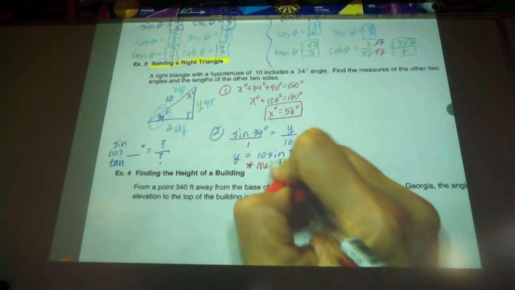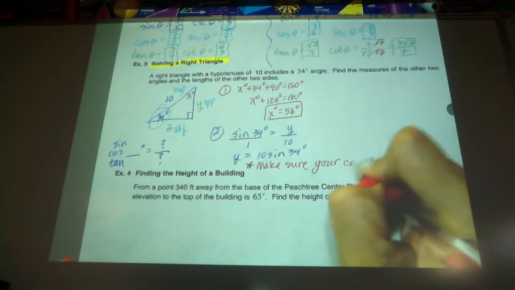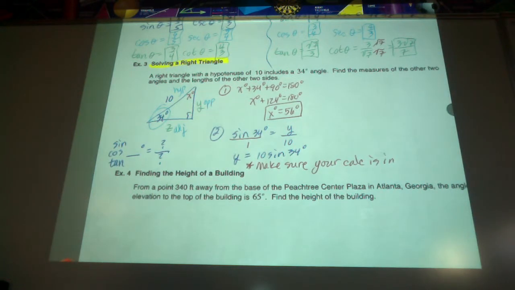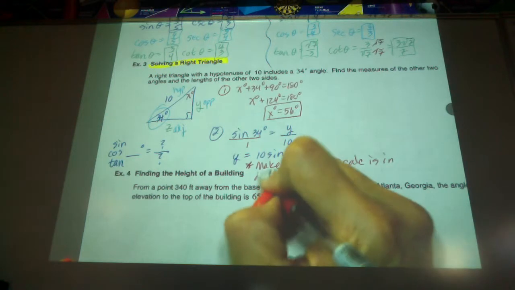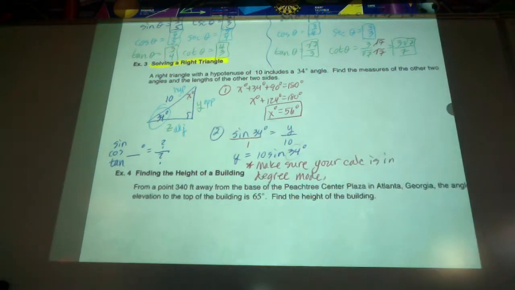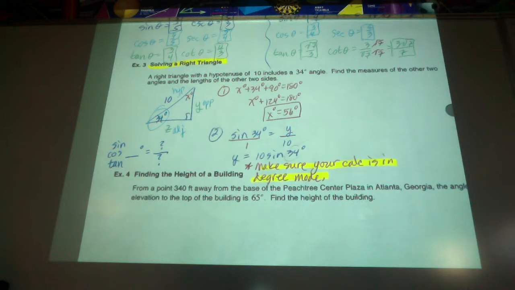Make sure your calculator is in which mode? Degree. You are putting degrees into your calculator. So for this particular problem, you want it to be in degree mode. You are going to have to jockey back and forth between radians and degrees. But this is important because if you get the wrong answer, that's probably why: you had your calculator in radians.